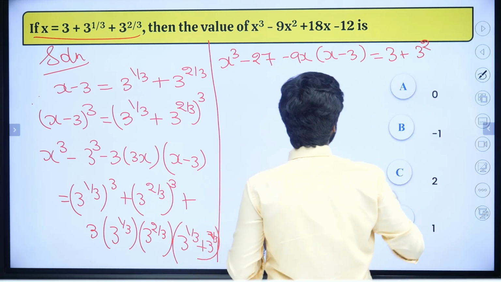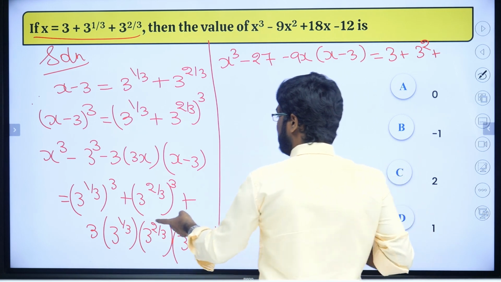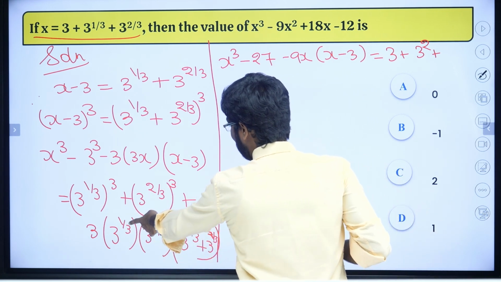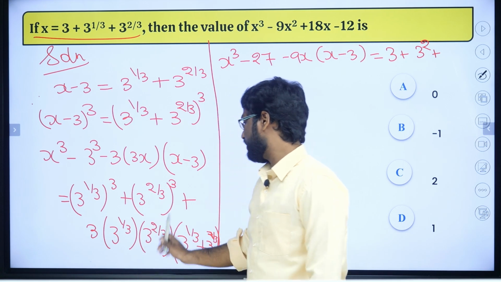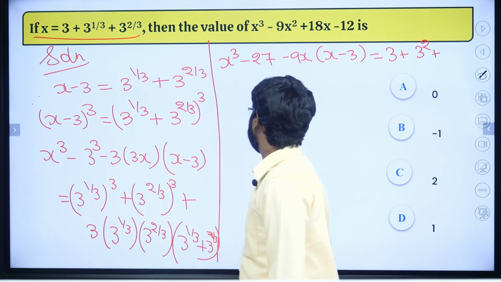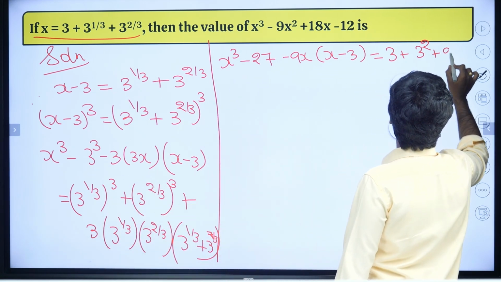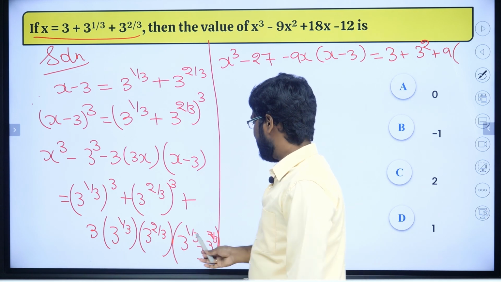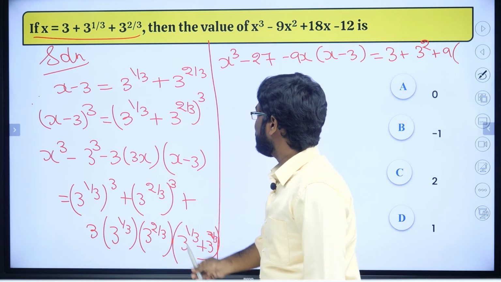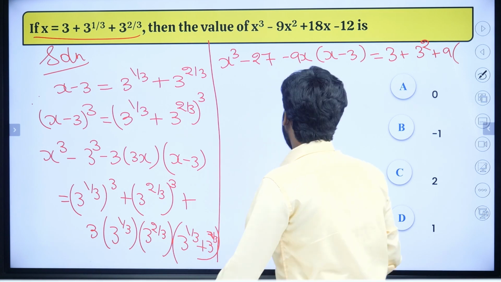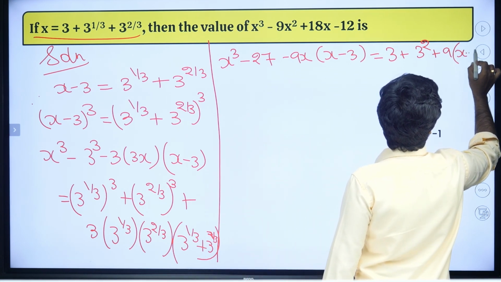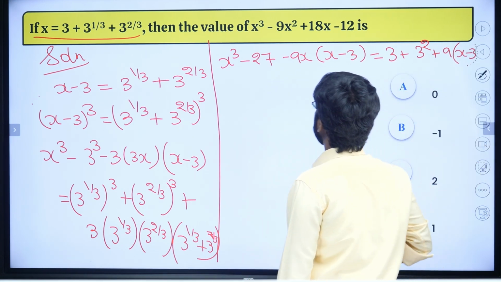Then plus 3 into 3 power 3 by 3, my dear students, which means 3 3s are 9. And here, in place of this, I can replace it with x minus 3. So 9 into x minus 3, my dear students.